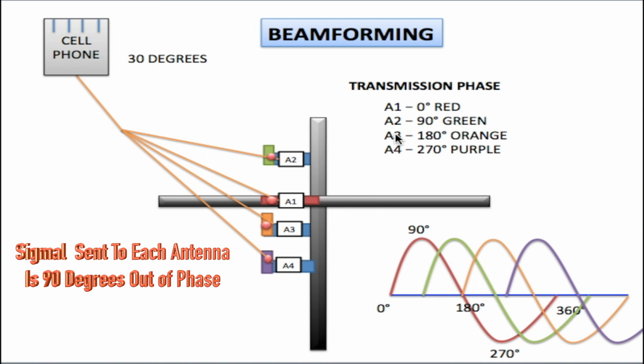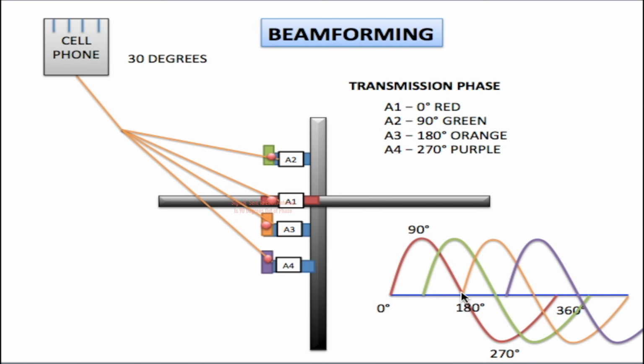And A3 starts at 180 degrees out of phase, so it starts right here at 180 degrees and goes right through the 360 as well. And A4, the purple one here, starts at 270 degrees and goes right through to 360. So all of these are 90 degrees out of phase.